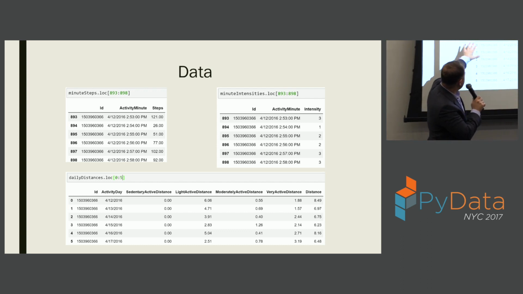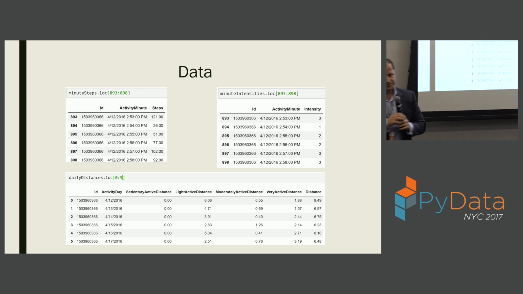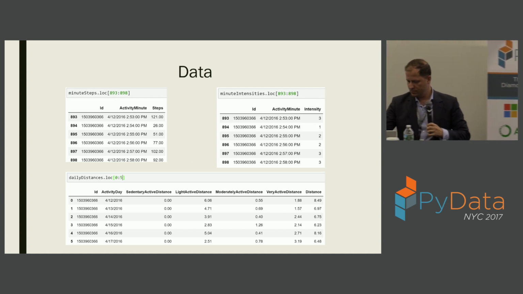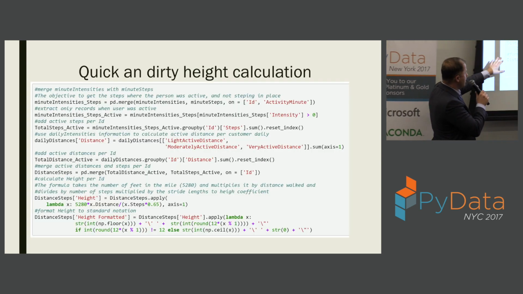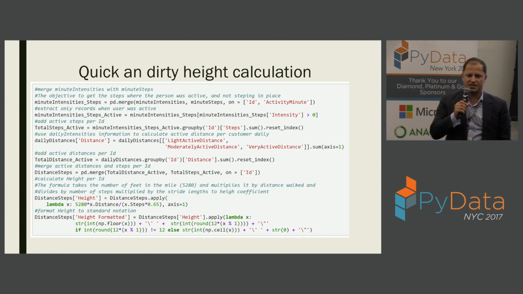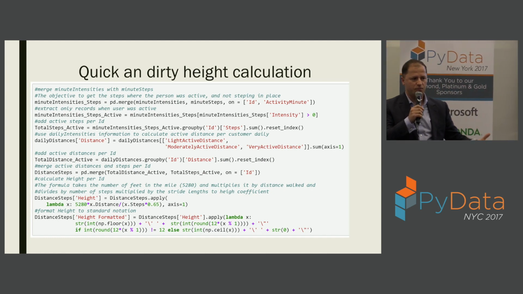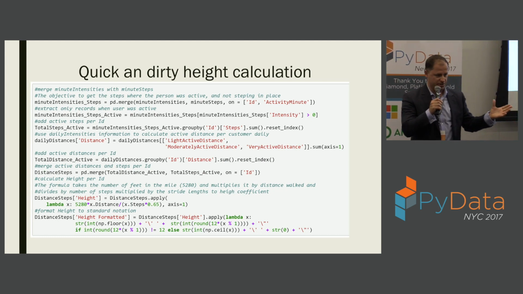Next step, we merged the resulting data set with the daily distances. And finally, we arrived at our model, which is down below. The reason we didn't go into sophisticated calculations is that the purpose of this demonstration is the data cleanup and not the actual calculation.